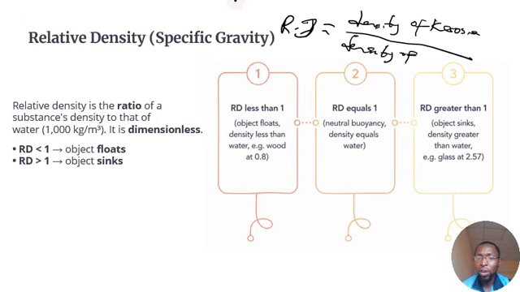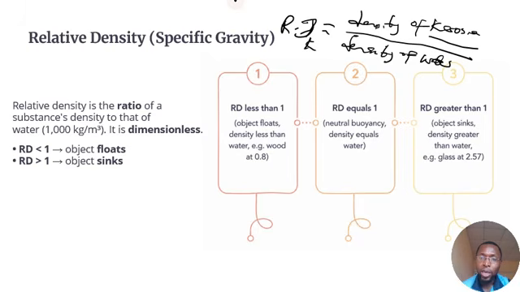This formula is for kerosene. The relative density of kerosene will be density of kerosene over density of water. Sometimes it could also be mass of kerosene over mass of an equal volume of water. So either you say density or you use mass, but it will be the same. If you mention density as numerator, it will be density in the denominator too.